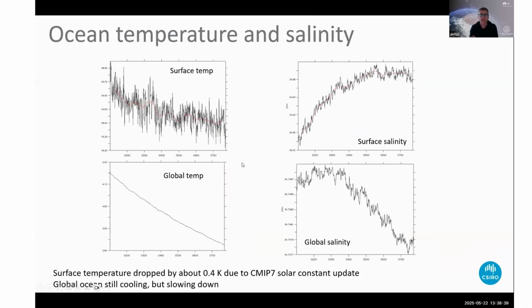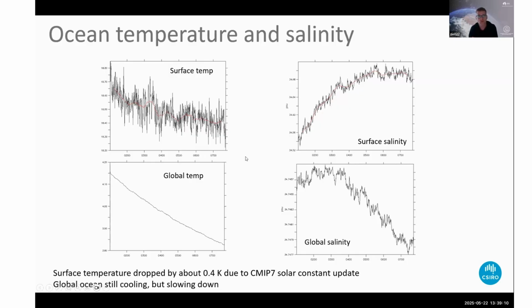Okay, next slide, please. Starting with just some plots for the ocean. So on the left-hand side, you have ocean temperature, surface temperature on the top, and then the global ocean temperature at the bottom. And then on the right, salinity, again, surface salinity on the top, and then global ocean salinity at the bottom. Again, you can see the drop in the ocean surface temperature mainly due to the change in the solar constant.